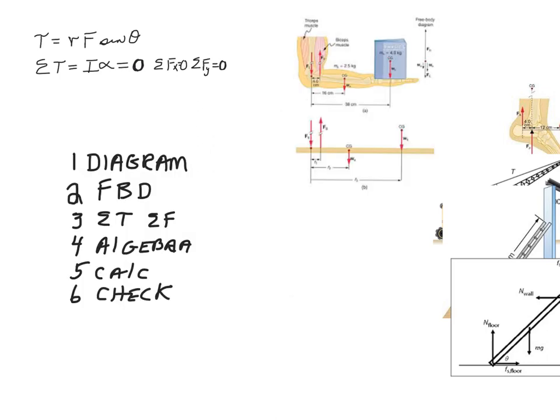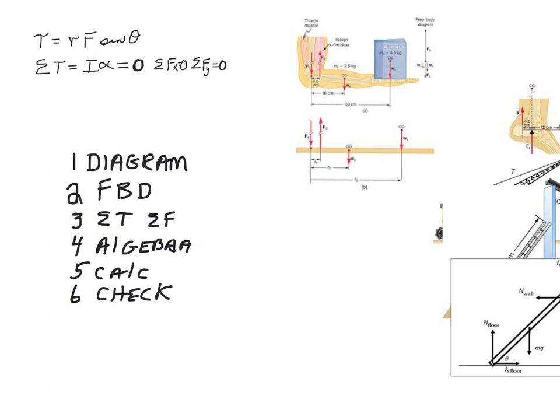So here are the steps. You'll find them on your equation sheet. And I've really just been starting here and doing this. But we should have a diagram and a free body diagram, which we do. So if you see this one, we have the diagram and it has the forces in it. And then we have the free body diagram, which is just a schematic of the forearm showing the forces acting.